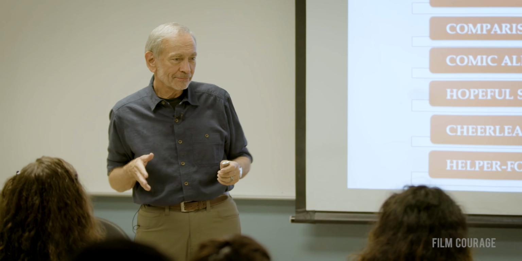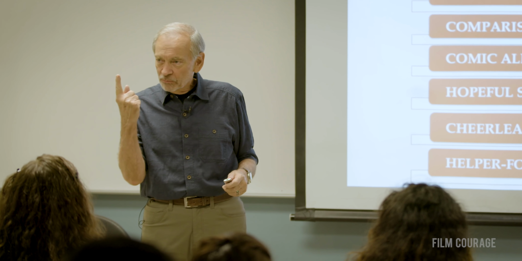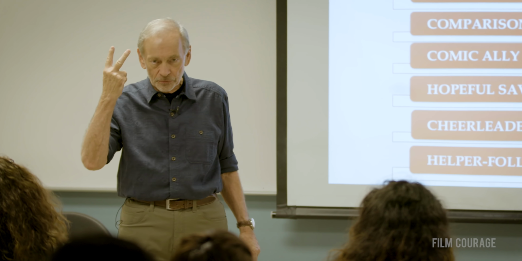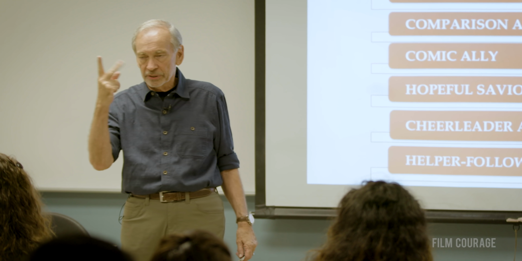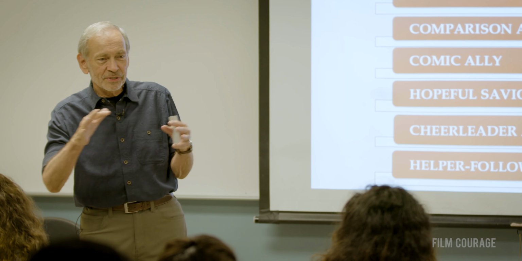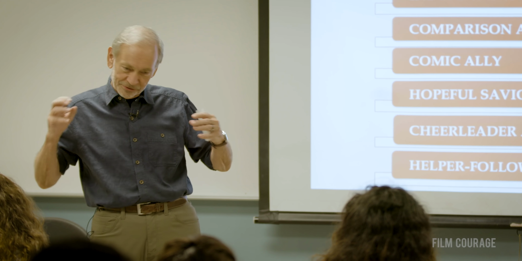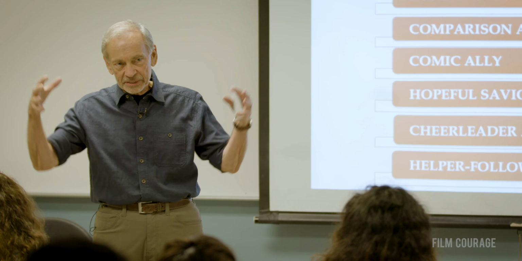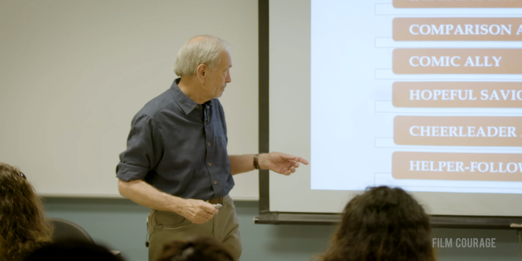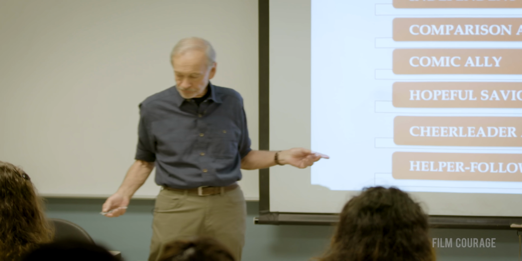Ocean's 11, that's a one-hero movie. Danny Ocean is the hero. He has a sidekick, Rusty, that's another category we're going to take a look at. And then he has his team, all those other guys, the terrific, smaller parts, but they are key to the enterprise, and they are all helper, follower, allies.